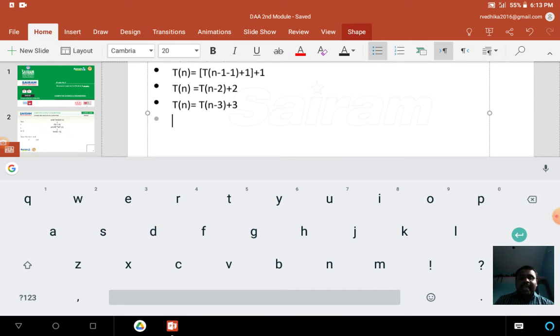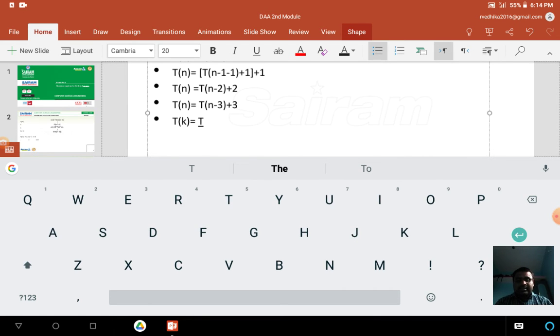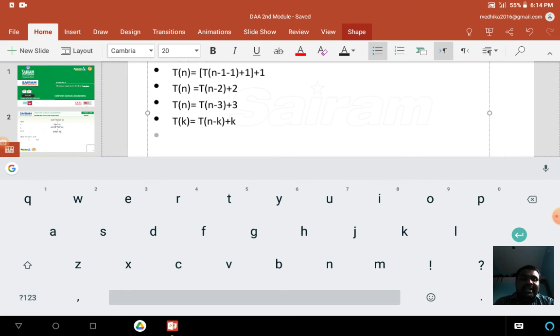Let it be k. At that time T of n is equal to T of n minus k plus k. First it was n, then n minus 1, then n minus 2, n minus 3, n minus k.